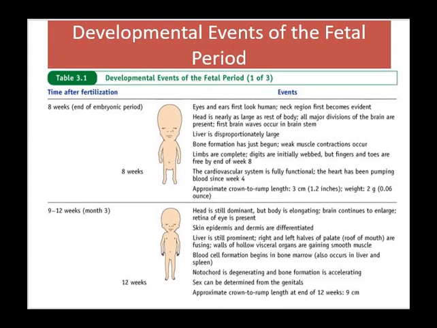The notochord now degenerates, and bone formation is accelerating. The sex can be determined from the genitals. At this period, the genitalia start to differentiate, and we can differentiate between male and female, but with slight difficulty according to the position of the fetus. The approximate crown rump length at the end of the 12th week is around 9 centimeters.